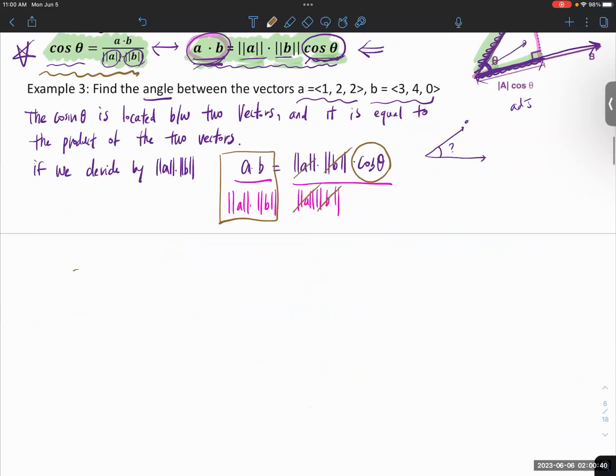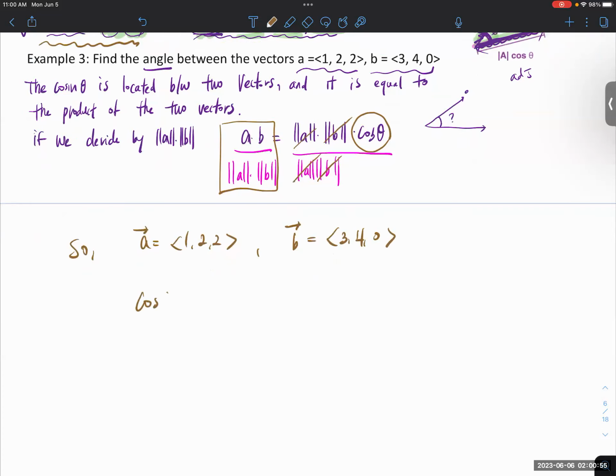So we have the a vector, which is 1, 2, 2. It's given, right? The b vector is given, 3, 4, 0. So cosine theta is a dot b divided by each magnitude.